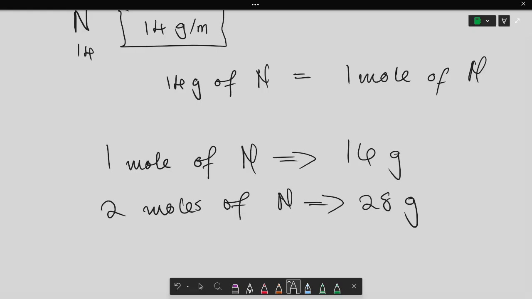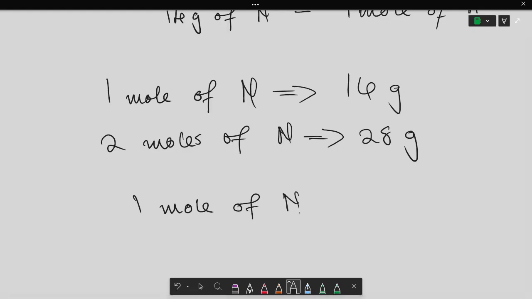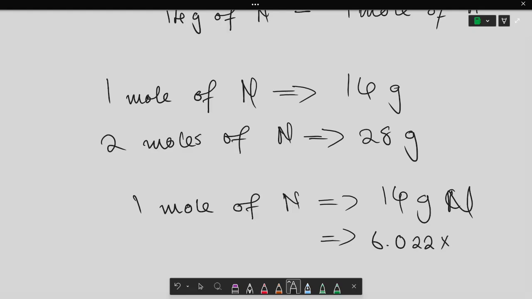So you need to know this relation. Again, 1 mole of nitrogen is equal to 14 grams of nitrogen. And again, we know that 1 mole of nitrogen is equal to 6.022 times 10 to the power 23 atoms.